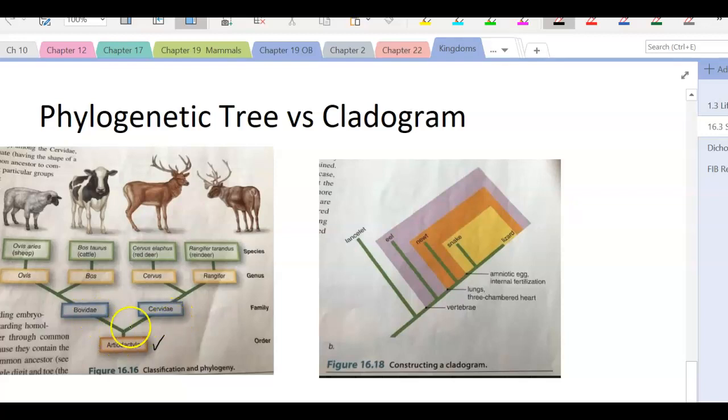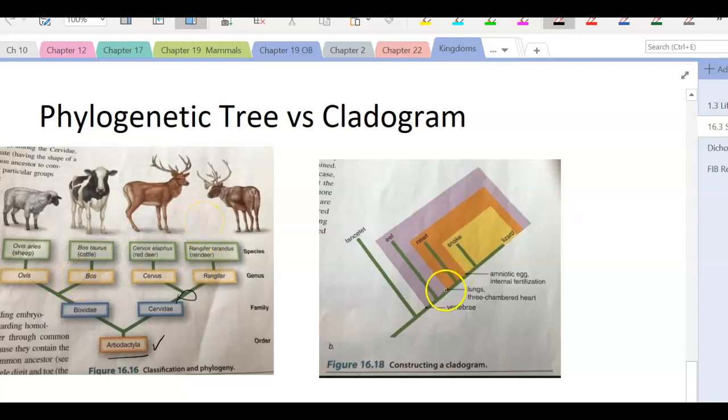So we can see where they branch apart. So we can see their relatedness to a common ancestor, but then we can see where they branch apart. And then if we go a little bit further, we can see that the domesticated sheep and the domesticated cattle also branched away from each other. And we can see that the red deer and the reindeer, while they share common ancestors and common traits, are their own species. And so that's what a phylogenetic tree does.